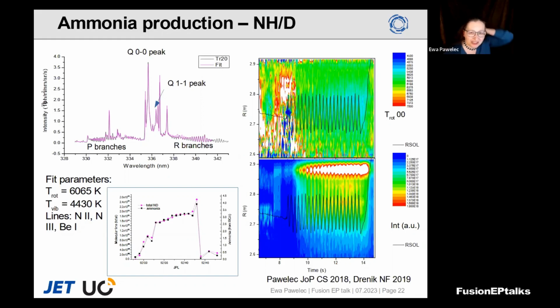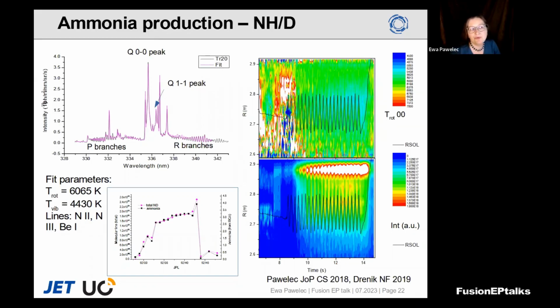As I said, in JET it is not a problem, and I think in ASDEX as well, we don't really see the molecular nitrogen spectrum. We see only the NH, and we see N2 plus, which is slightly further into the longer wavelength. That's why we don't have the situation where they overlap.